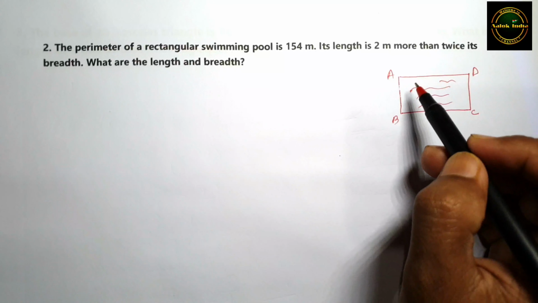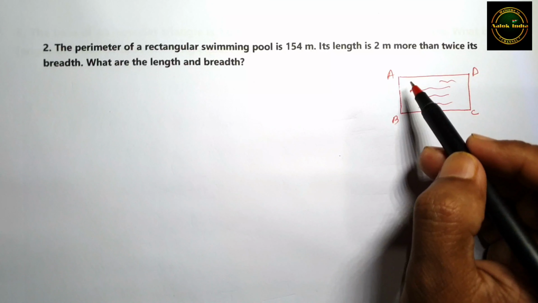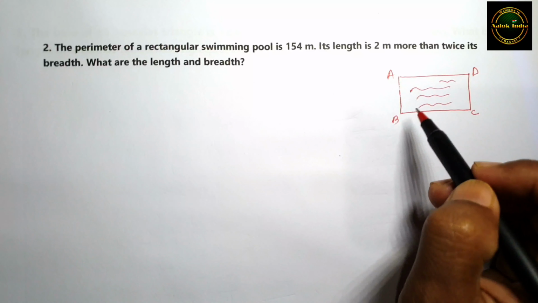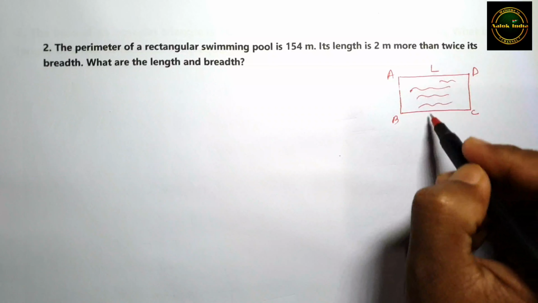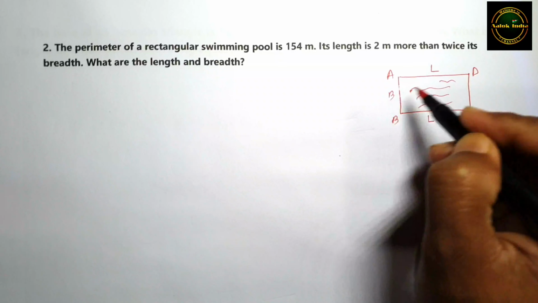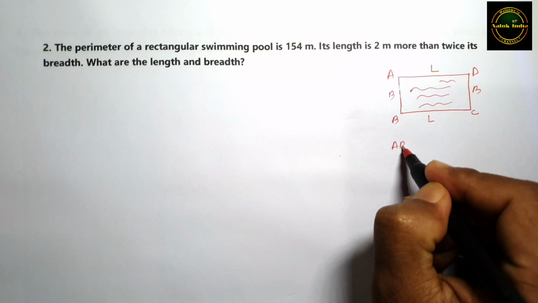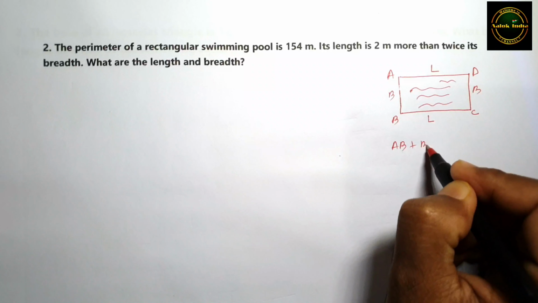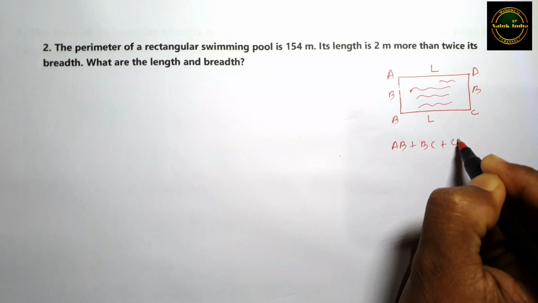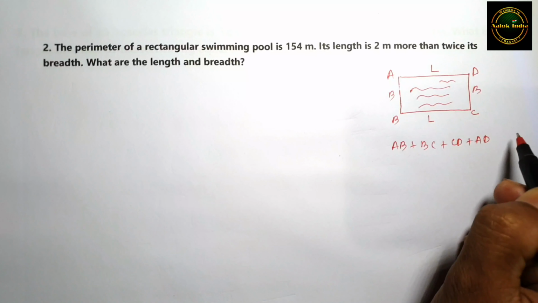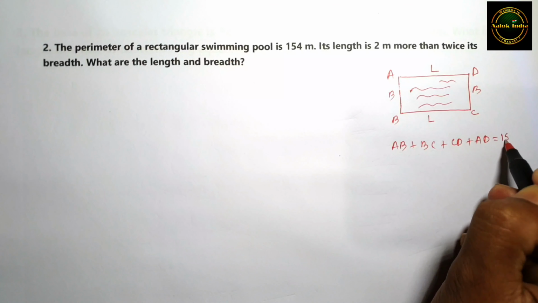Perimeter means the length of all of its border. If you add all the lengths of the border, we get the perimeter. So this side is the length and these sides are the breadth. Means the length of AB plus BC plus CD plus AD, they said, is equal to 154.